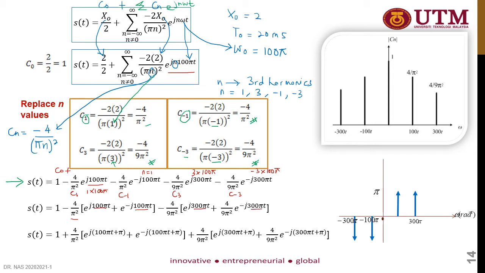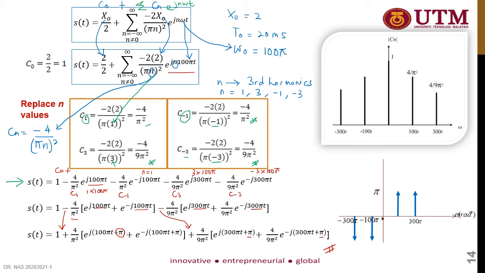Then remember, in trigonometric form, when you have a negative, you can convert it into a positive value by having a phase shift of positive pi. So all negatives are converted into positives by having a phase shift of pi inside the bracket.